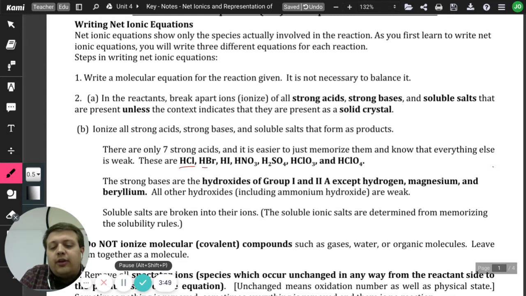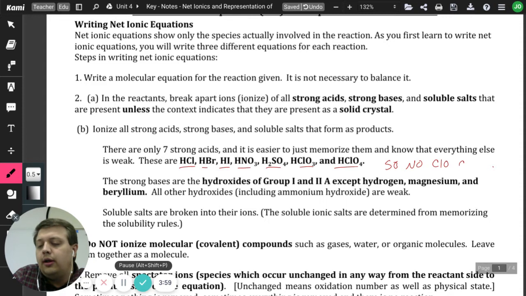For these last 5, 6, and 7, I've always remembered them by saying "so, no, clo, clo." For some reason that helps me remember them. I just remember that so is going to be my sulfate, clo is going to be my chlorate, the other clo is going to be my perchlorate, no is going to be my nitrate, and so on.